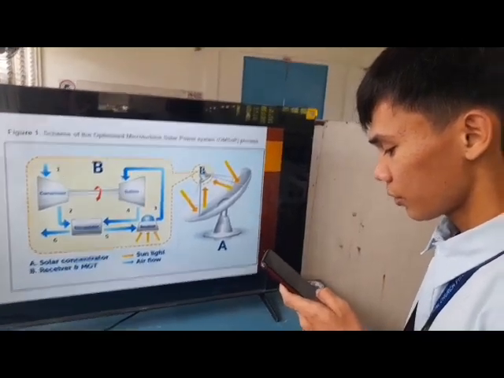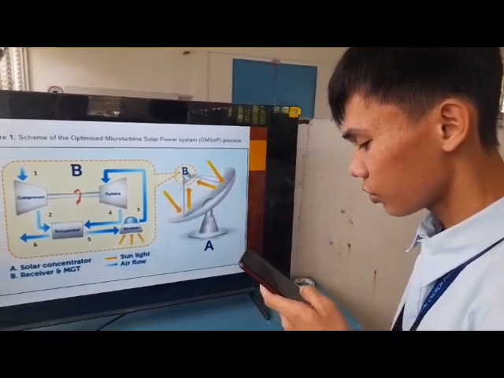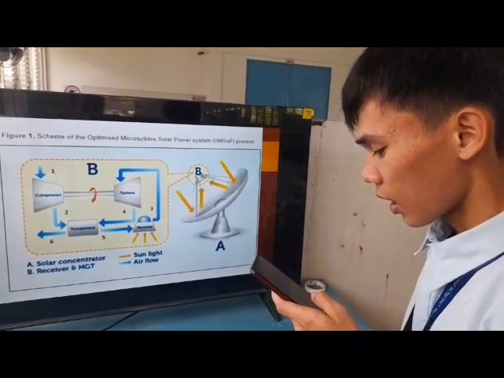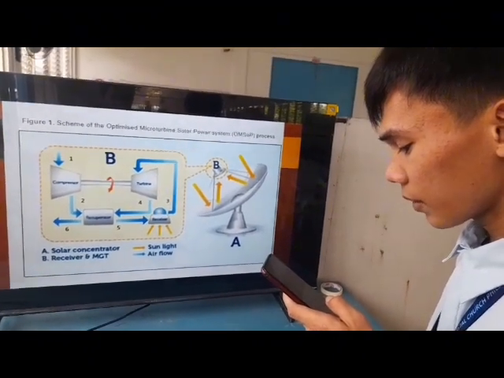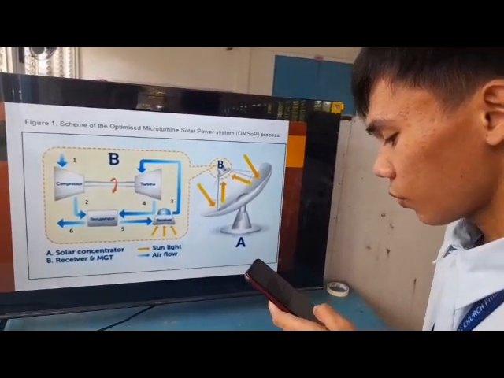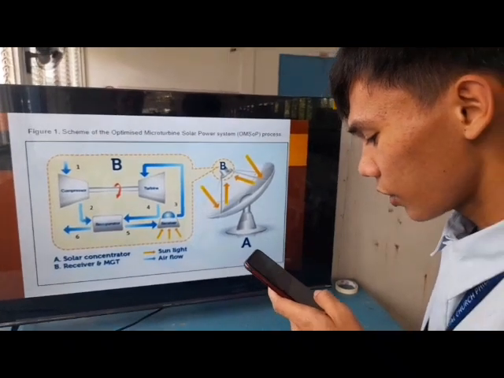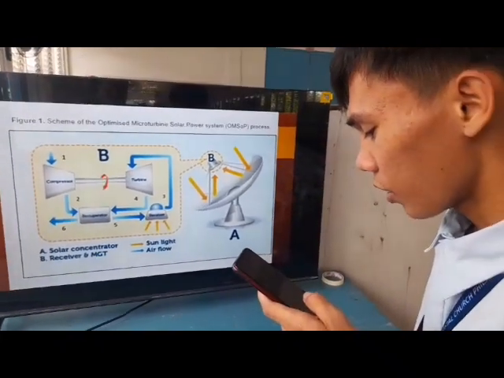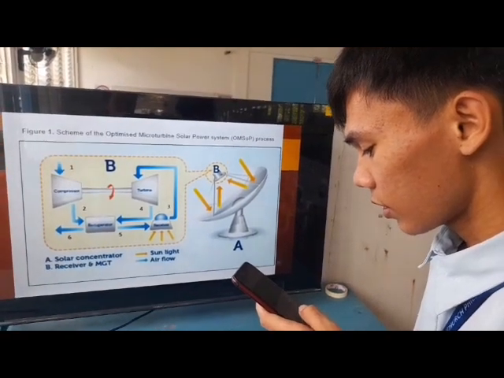Parabolic dish system. Technology: parabolic dish systems use a parabolic dish to concentrate sunlight onto a receiver at the focal point. The receiver typically contains a Stirling engine which converts the thermal energy into mechanical energy, driving a generator.